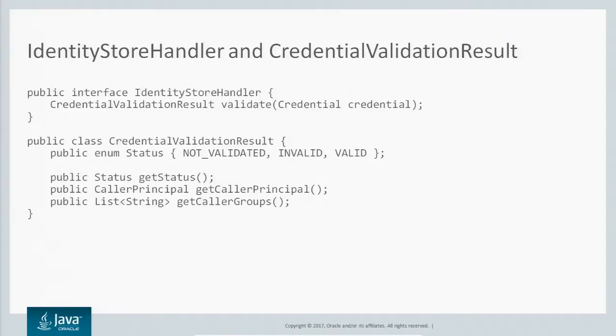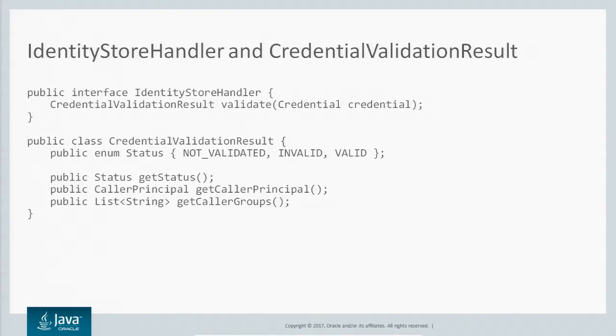You'll notice that there's only a validate method. The get groups by caller principal method is not exposed. It's meant for internal use as part of orchestrating authentication with multiple providers and wouldn't ever be invoked directly by external code.